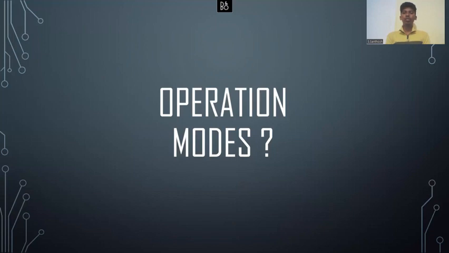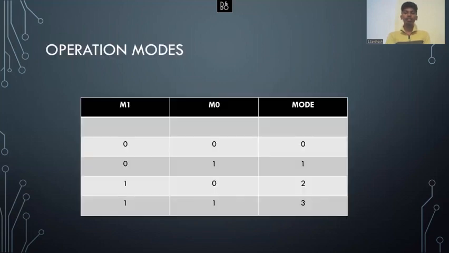And these operation modes are divided into 4 parts: mode 0, mode 1, mode 2, and mode 3. And these modes are actually specified by the user input, specifying the type of bits. Because it's mode 0 to mode 3, it will be a 2-bit input. Depending on types of 2-bit input that you're giving, you'll be choosing the modes.